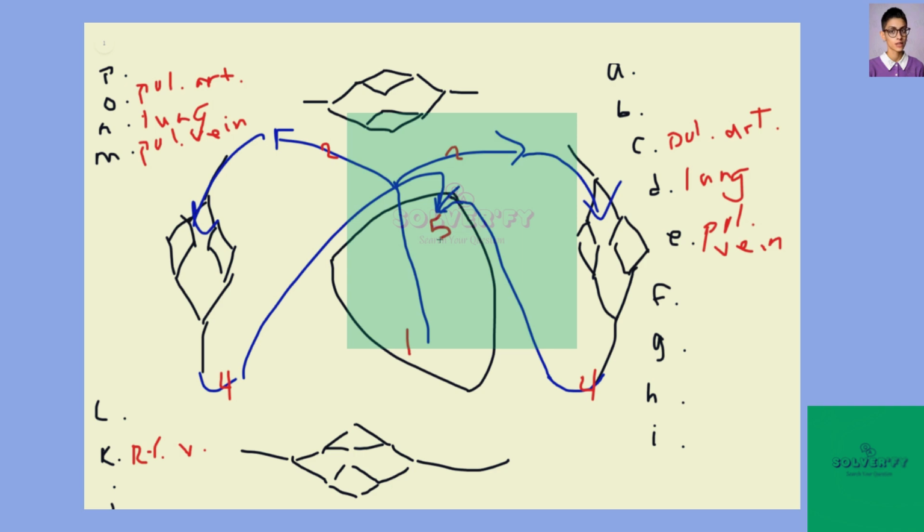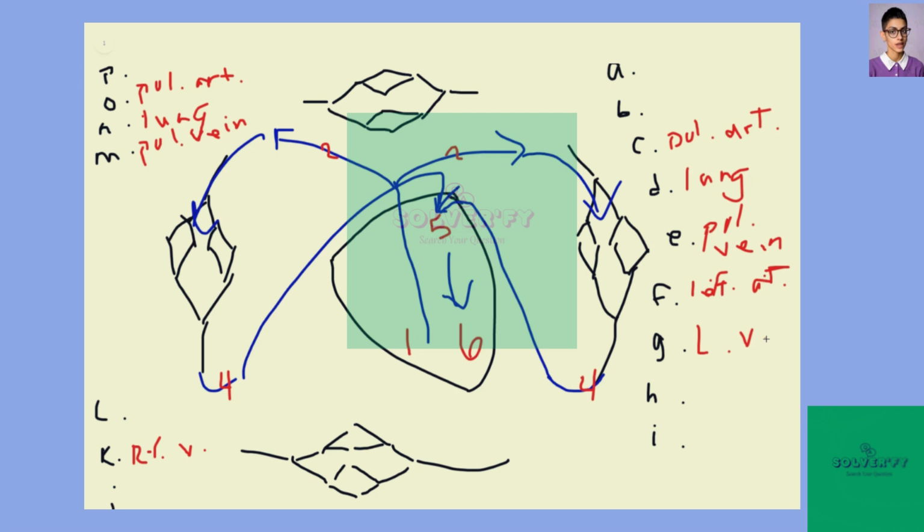This is going to be the left atrium. Left atrium. Okay, now the blood needs to be pumped down into the left ventricle. All right, and for our chart, this is going to be labeled option G. So I'm just going to say left ventricle.